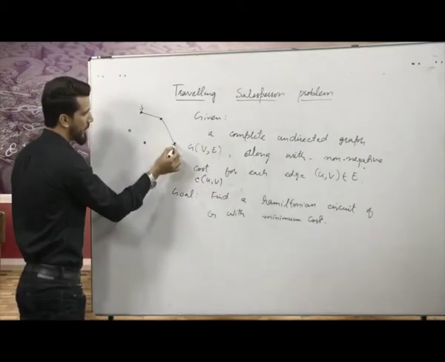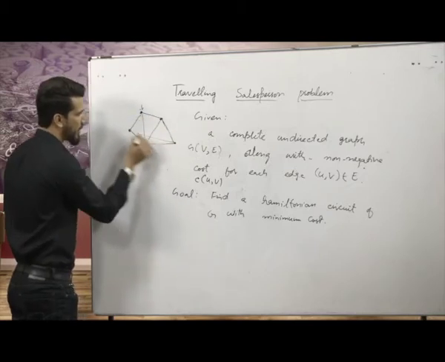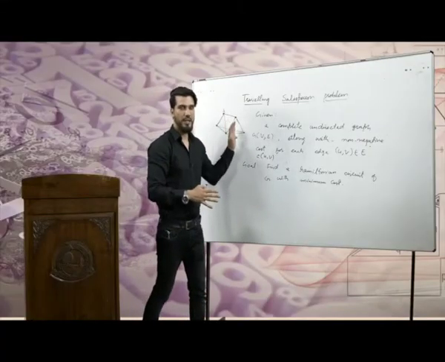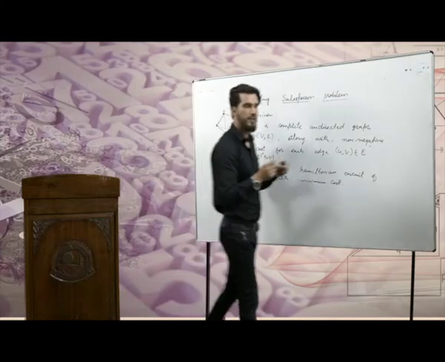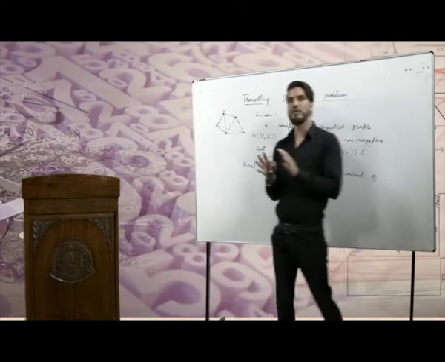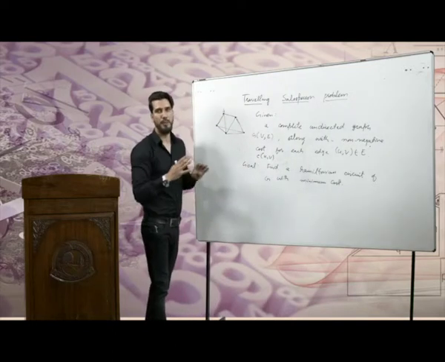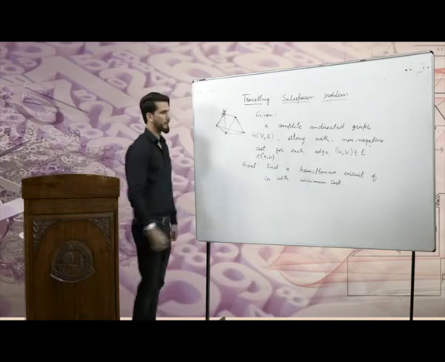He can go here, here, here, here, and here. He can first go here, then here, then here, then here, and here. So there are many permutations and combinations he can use. But what we are interested in is finding a circuit whose cost will be minimum. The cost of traveling that circuit should be minimum. So that's our goal here.